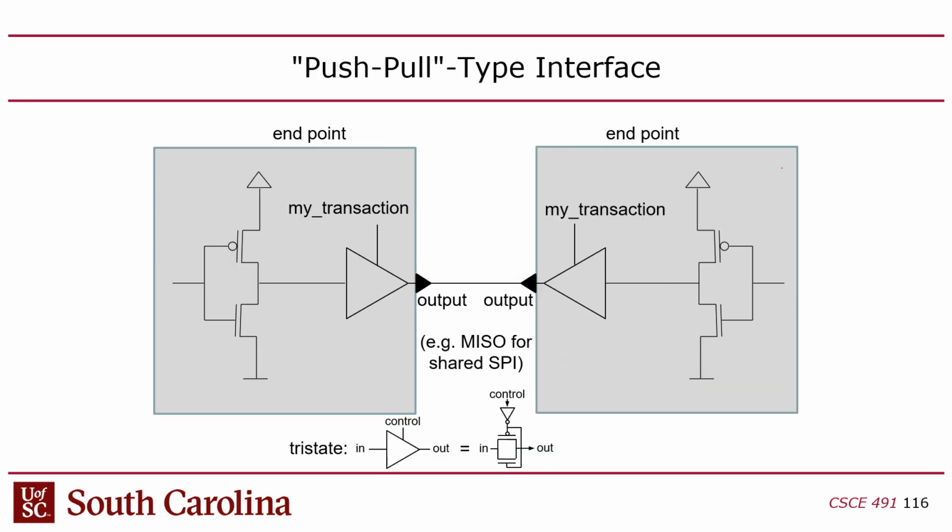However, there is a way to fix that. A lot of the chips support tri-state buffering, where you have a push-pull interface, but you also have the ability to electronically disengage, right, to disconnect.